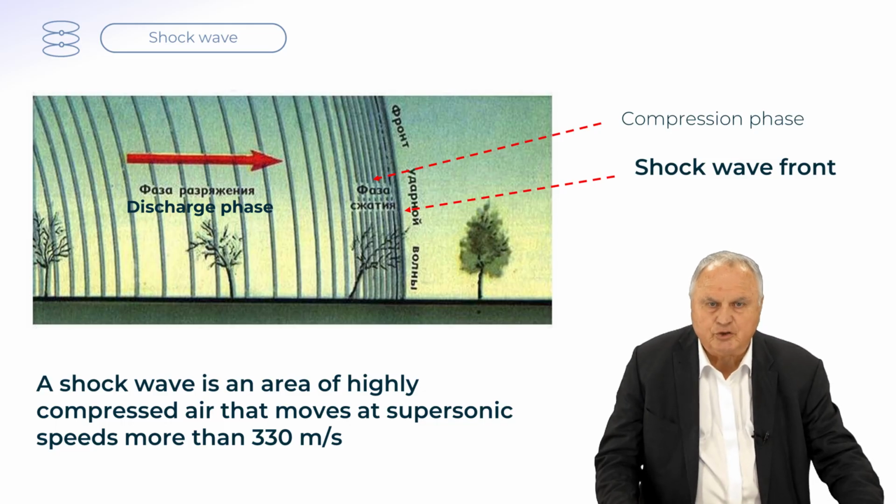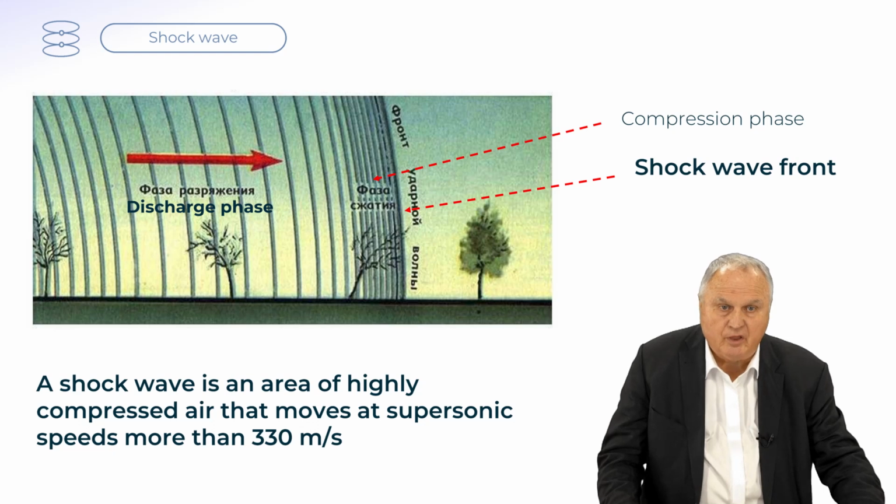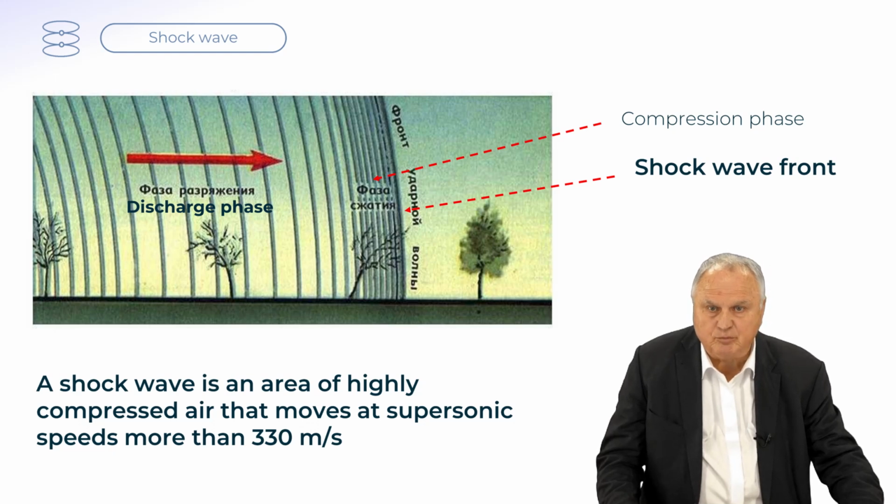Shock waves are strong pressure waves in any elastic medium such as air, water, or a solid substance. Shock waves are produced by supersonic aircraft, explosions, lightning, or other phenomena that create violent changes in pressure.